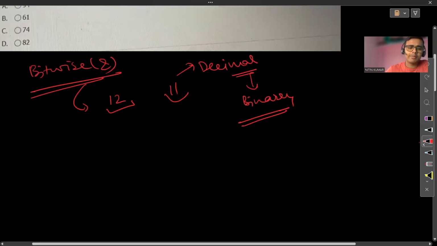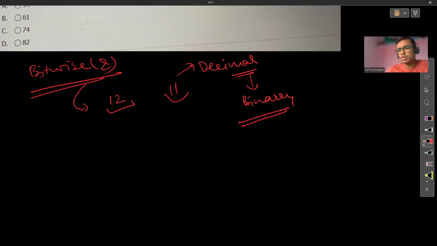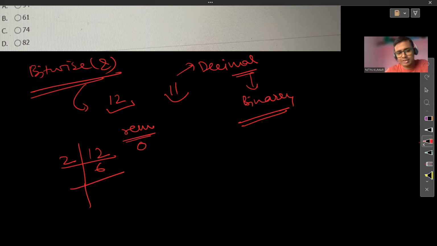There is a technique. Let's say we take the number 12 to convert from decimal to binary. First we divide 12 by 2. The remainder is 0 and the quotient is 6. Again divide this quotient by 2: the remainder is 0 and the quotient is 3.